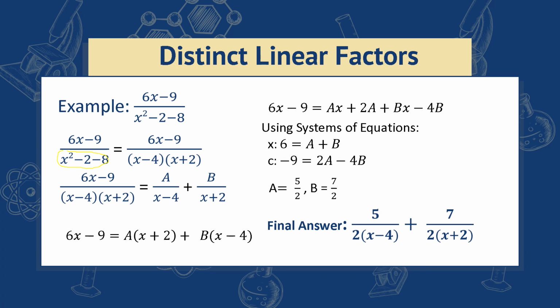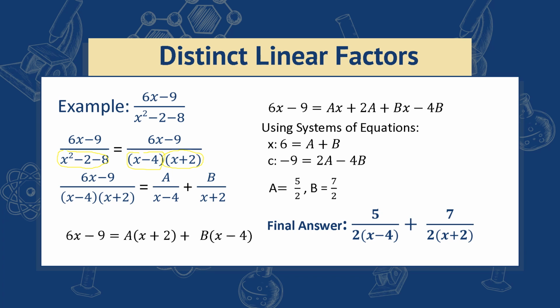So it is also equal to 6x minus 9 divided by the quantity of x minus 4 times x plus 2. How did we get these values? We just took out the factors of x squared minus 2x minus 8.